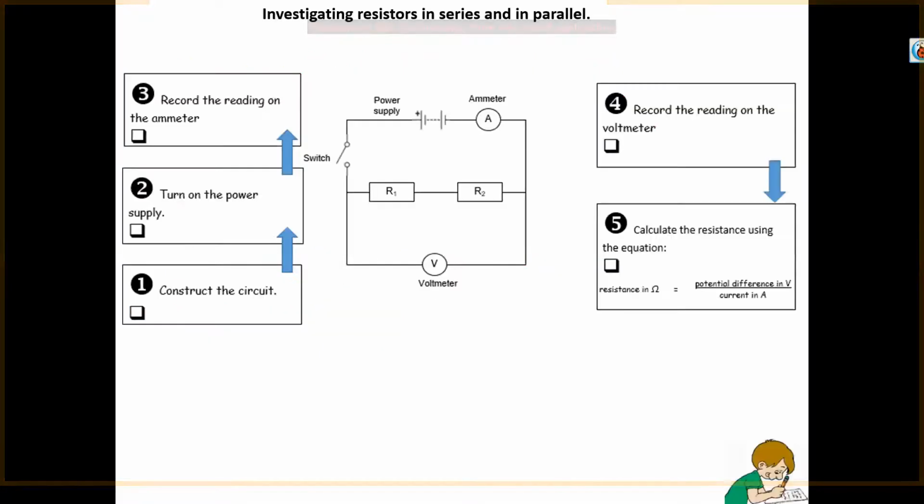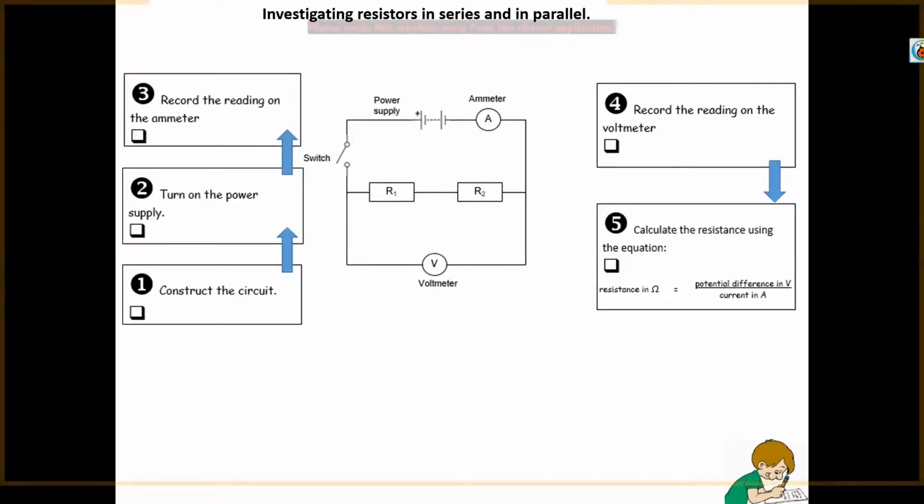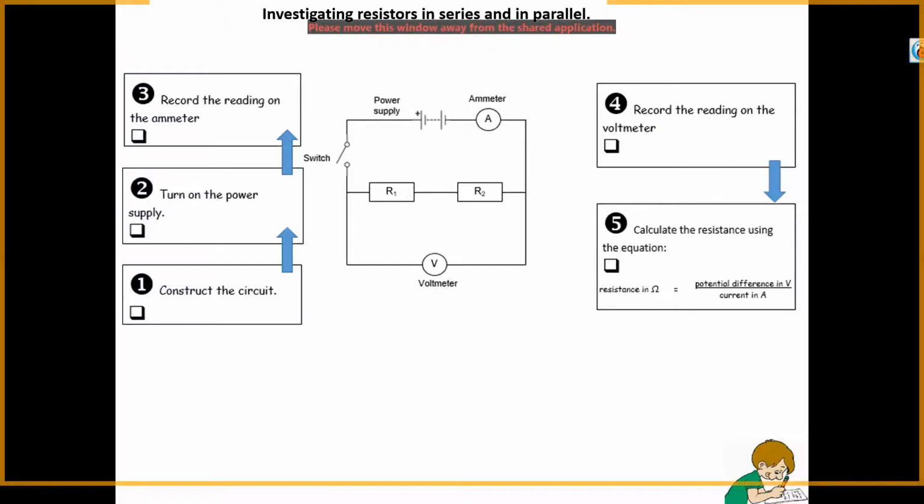Okay, so you've noticed probably at the bottom of the page last time that there was a piece of new knowledge that said, what are the circuit rules for resistors in series and parallel? Well, there's an experiment that we would normally do in class. And in that experiment, we would actually investigate the resistance in a series and parallel circuit using resistors.